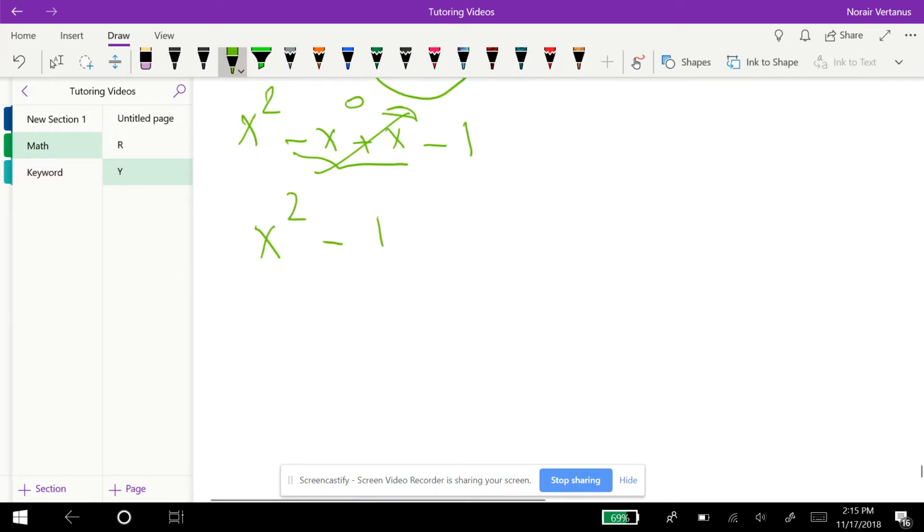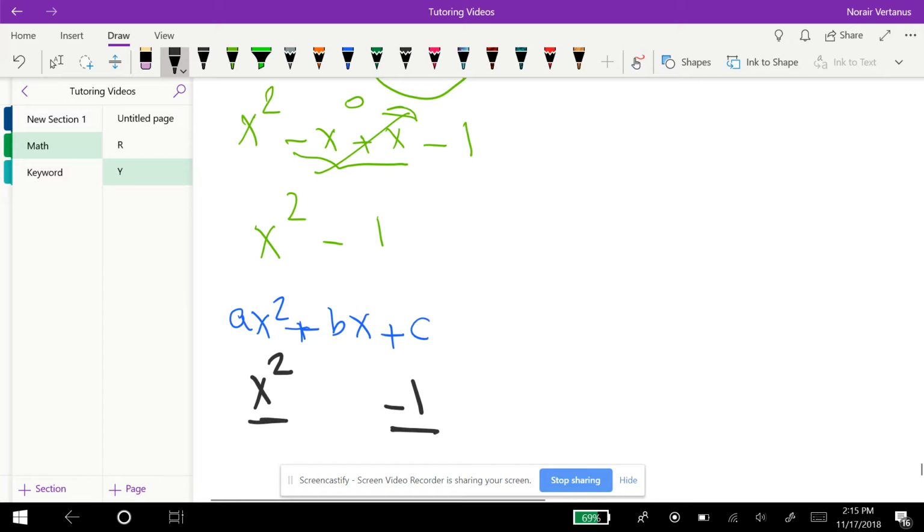If you compare this with the standard form, which is ax squared plus bx plus c, what happened to bx? This is what you have: x squared plus c. C is equal to negative 1. Ax squared is equal to x squared, which means a is equal to 1.